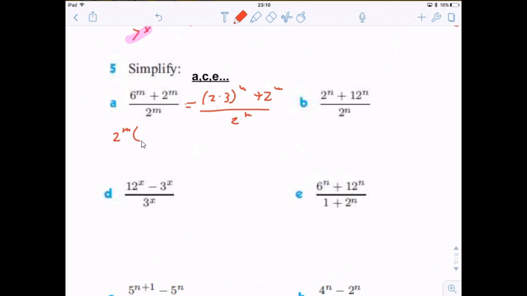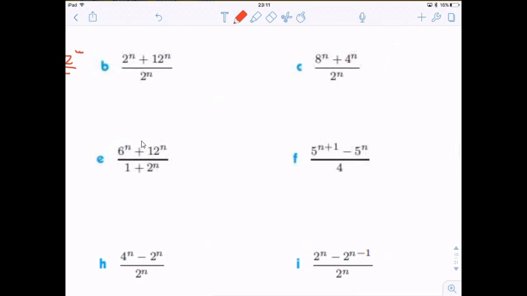This is equal to 2 to the m, 3 to the m, right? So we can factor out 2 to the m from the first term, and we're left with 3 to the m. We factor out 2 to the m from here, and we're left with 1. And then we have 2 to the m on the bottom, and we can cancel that out, and we're left with 3 to the m plus 1.